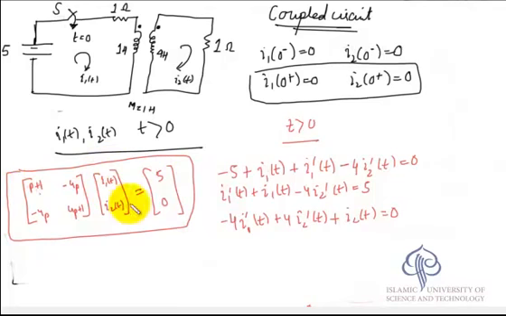The next thing is to find out the initial conditions. We already have I1 0 plus and I2 0 plus. We need I1 dash 0 plus and I2 dash 0 plus, which we'll get straight away from the two equations.